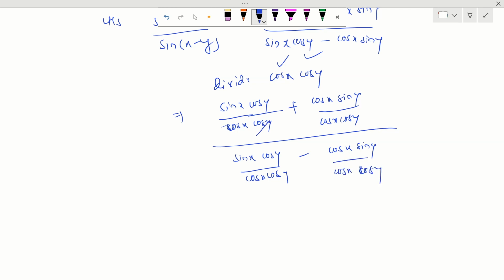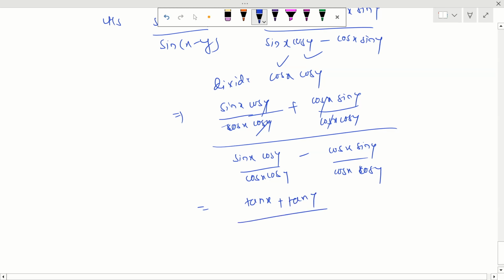Now cos y gets cancelled, and sin x by cos x is tan x. Cos x gets cancelled, and sin y by cos y is tan y. So we get tan x plus tan y over tan x minus tan y. This is proved, equal to the RHS, right?